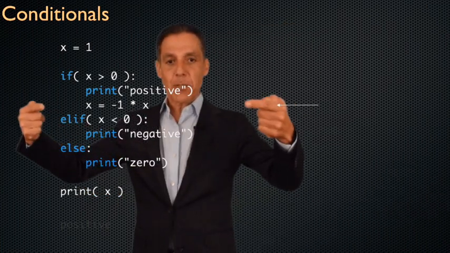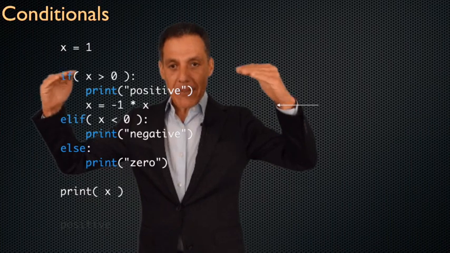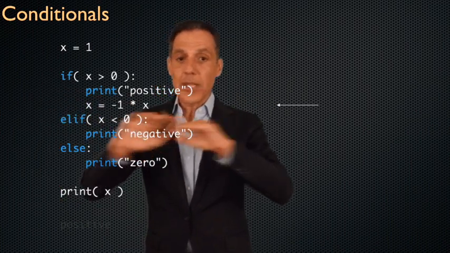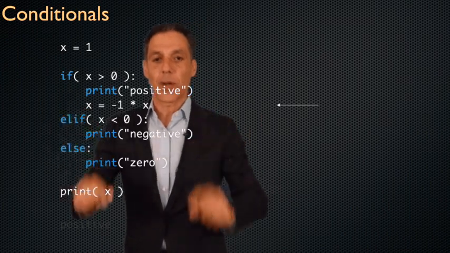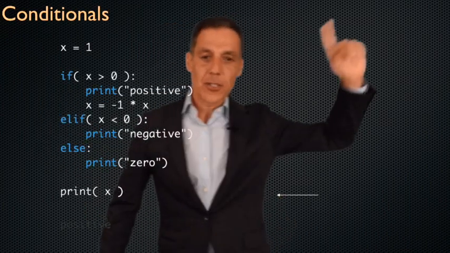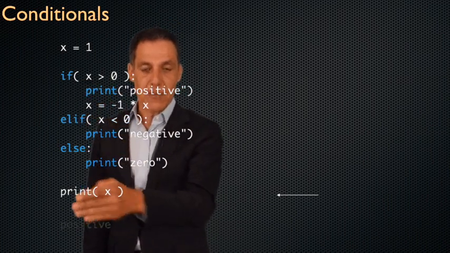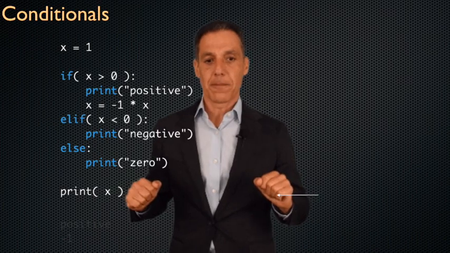Right? So at this point, I have decided in this if-elif ladder which clause gets evaluated, and one and only one clause can be evaluated. So at this point, I dive down to the last line of the code outside of the if-elif ladder, and I print x, which of course is negative 1.